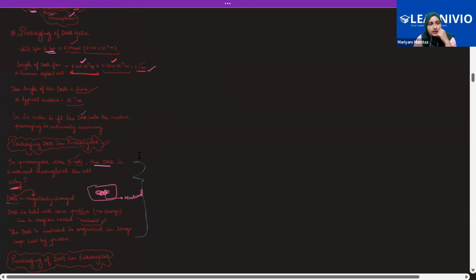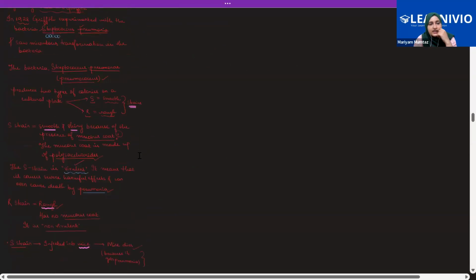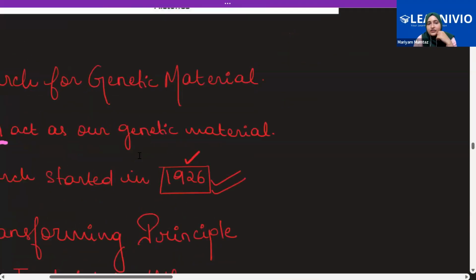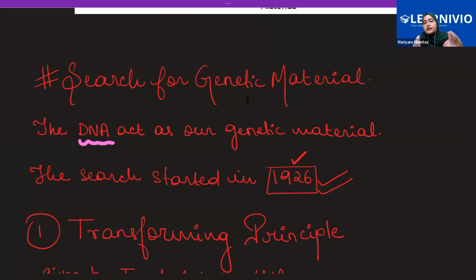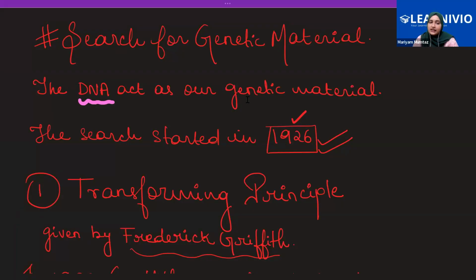Now, today we're going to be talking about the search for genetic material, because initially no one knew how the genetic material was there, how it was found, what its nature was, and everything related to that aspect. So today we're going to see how DNA was finally proved to be the ideal genetic material, and how it was actually DNA only.